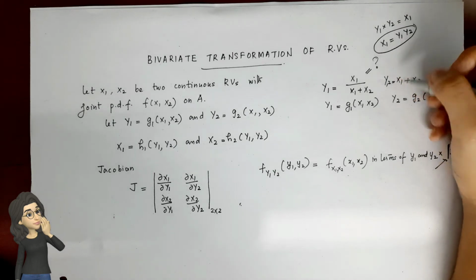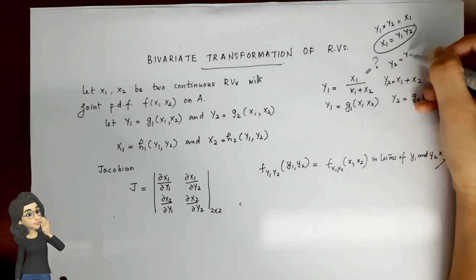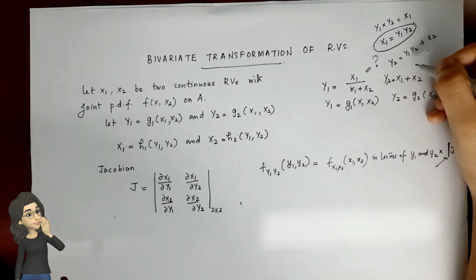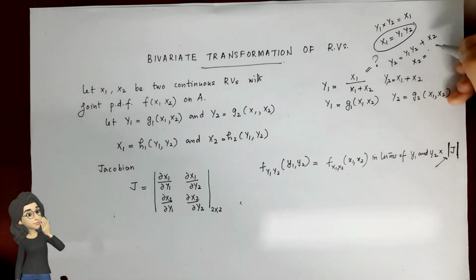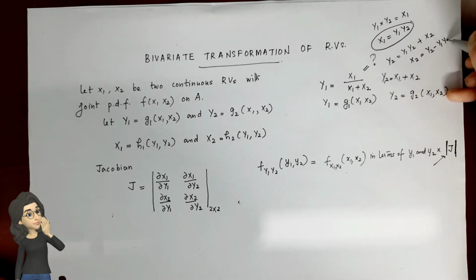Similarly, on resubstituting this x1, I will get y2 is equal to y1 y2 plus x2. So x2 is equal to y2 minus y1 y2.